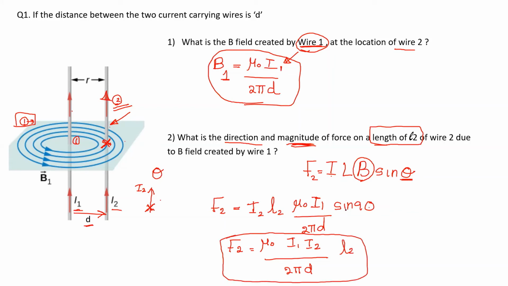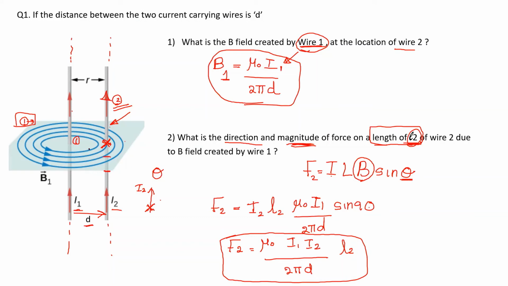Usually, like I said before, these wires are infinitely long, very long wires. So when they are finding the force, they will usually tell you the force on this much length, on this small length. If they want the force, they will tell you the length that they want.